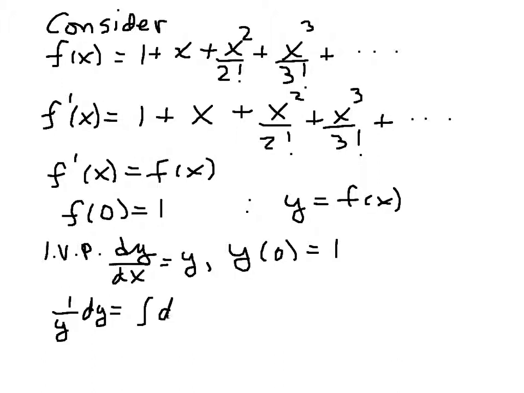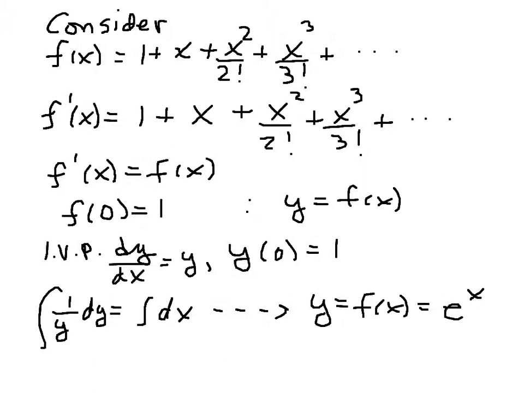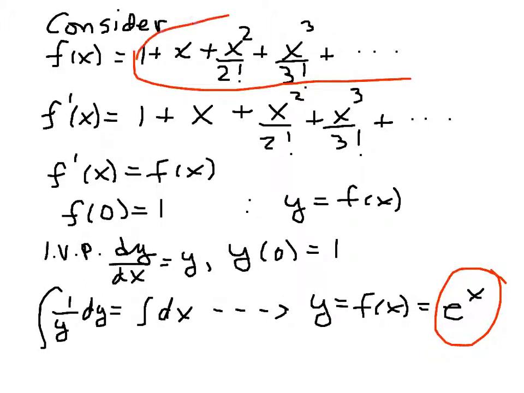We integrate both sides, and if you do that, it won't be very hard for you to show that this function y, f of x, is exactly equal to e to the x. So where did that come from? Pretty amazing. So this function right up here is exactly equal to e to the x.